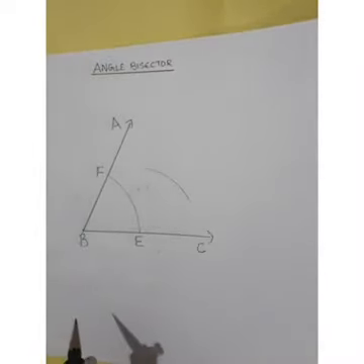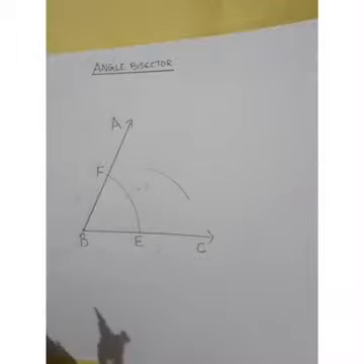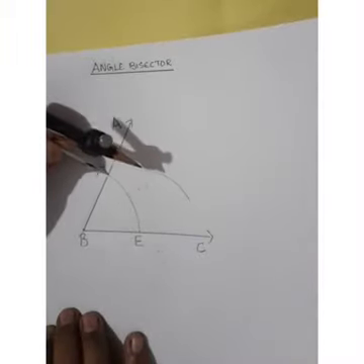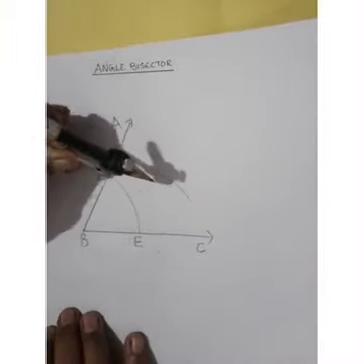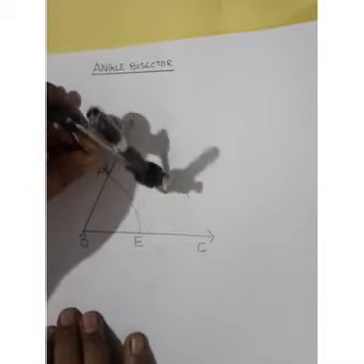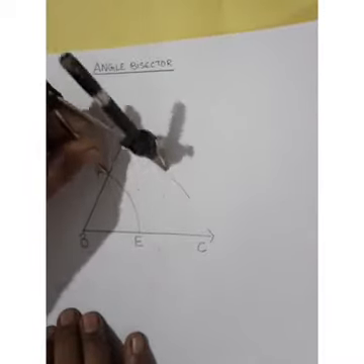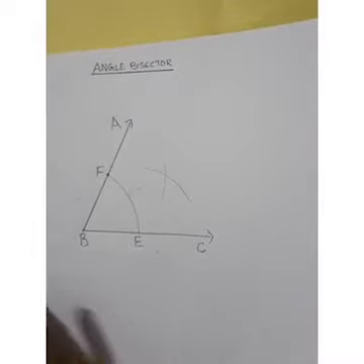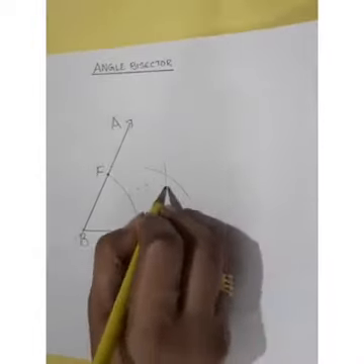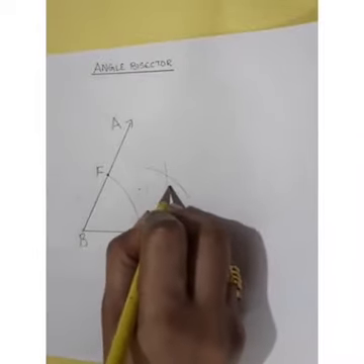Then one more arc we want to draw with F as center, with the same radius, and that arc intersects the previous arc. The point of intersection of these two arcs is D.